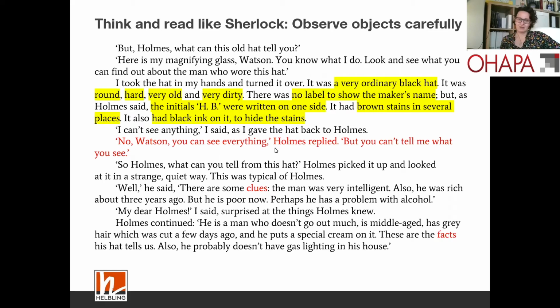Actually, Sherlock himself reminds us what we need to do such observations. And he says, "No, Watson, you can see everything," Holmes replied, "but you can't tell me what you see." And actually, all you need to give such observations is language. And you need really good language skills and a lot of vocabulary to be like Sherlock Holmes. So maybe it can be a little motivation as well for your students.